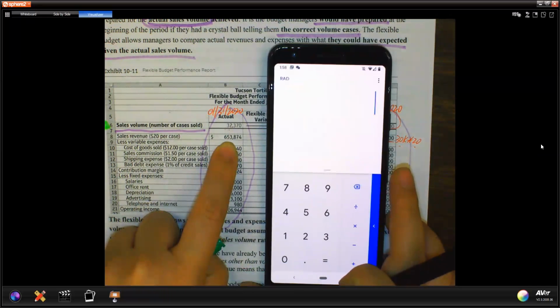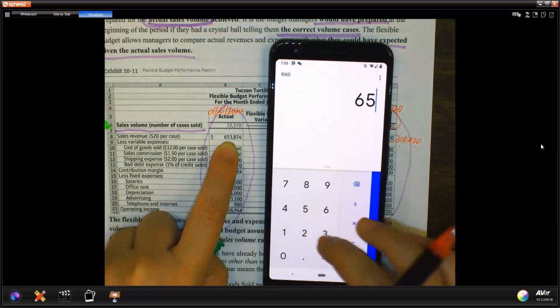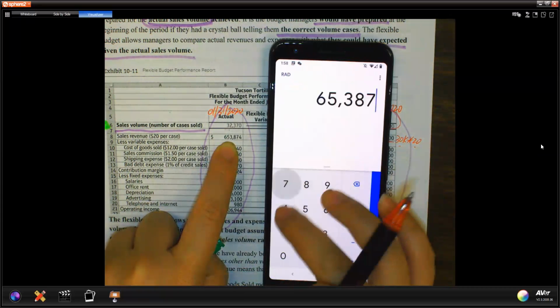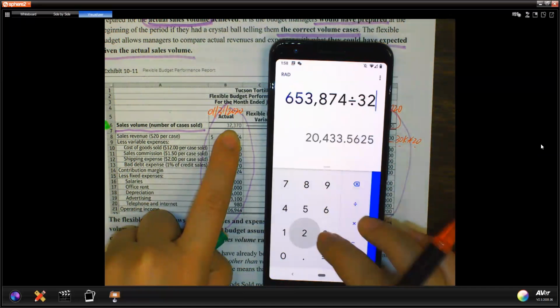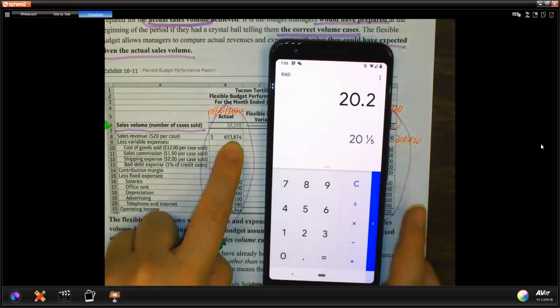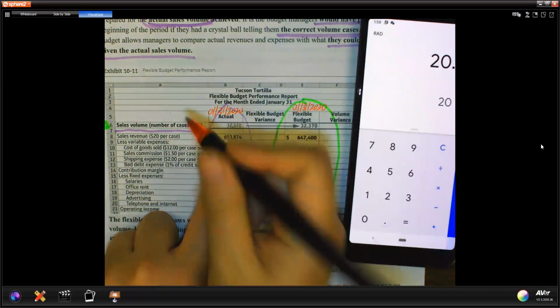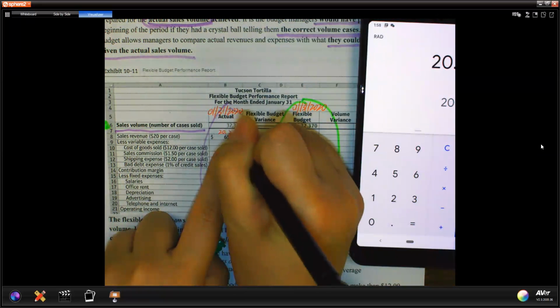Your total revenue, your actual, is 605,374, and your actual unit is 32,370. So your actual selling price is $20 but 2 cents.